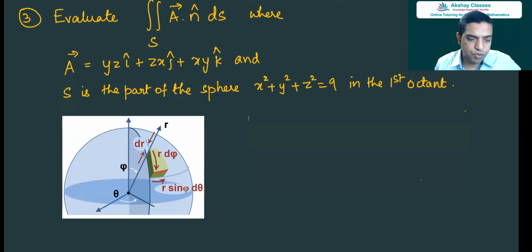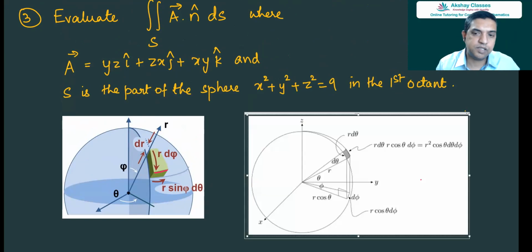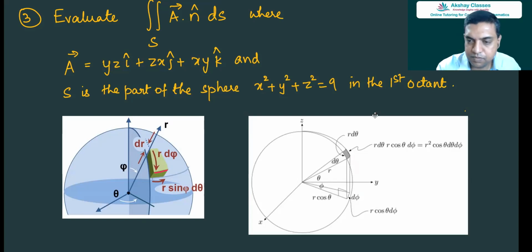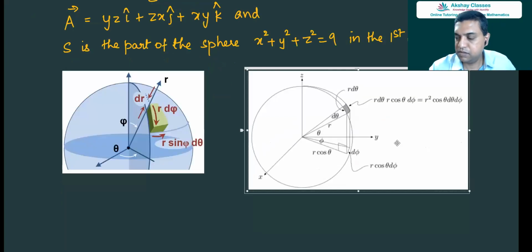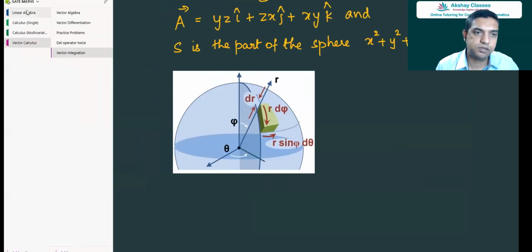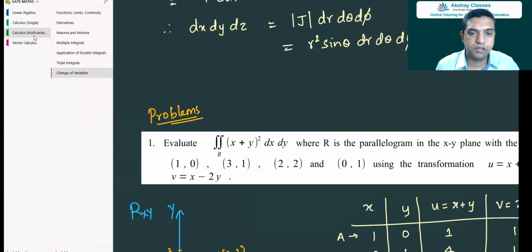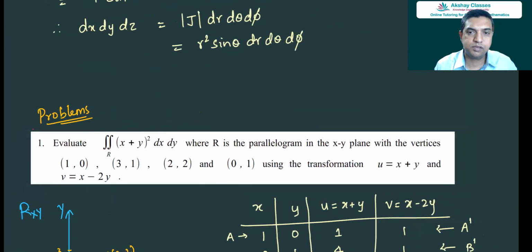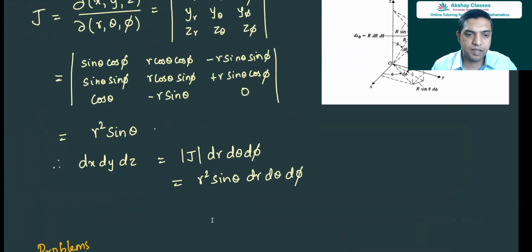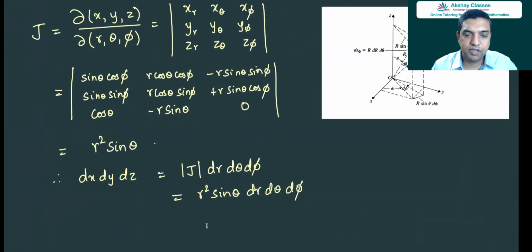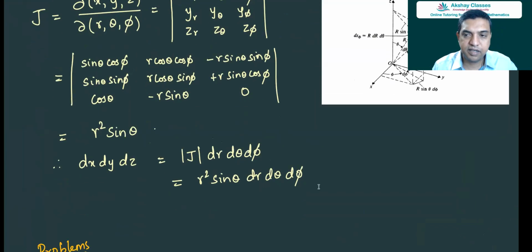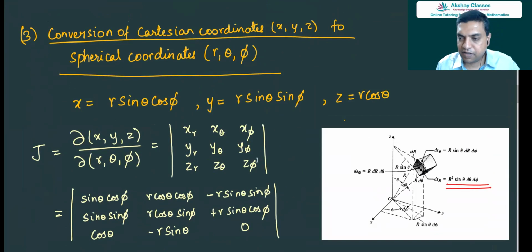Of course, if you go back to the Jacobians that we did, converting the volume integral by change of variables, we got r squared sine theta dr d theta d phi. Here is a figure.